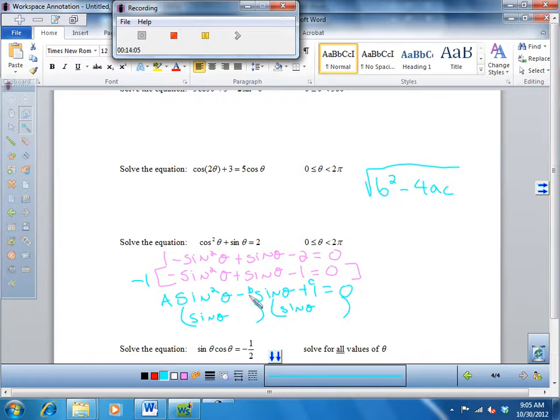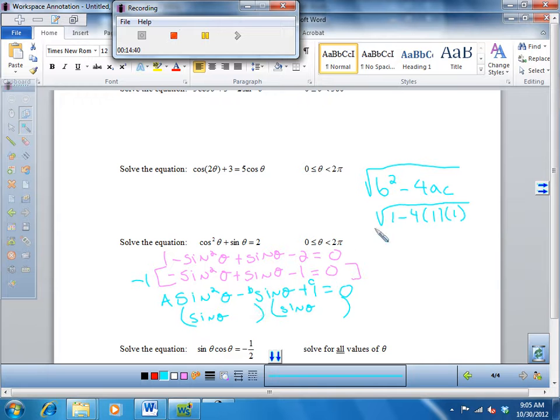And since B is negative 1, B squared is 1. So that's 1 minus 4 times 1, which is the coefficient of the sine squared term, times 1. You see that I get a negative number underneath the square root?